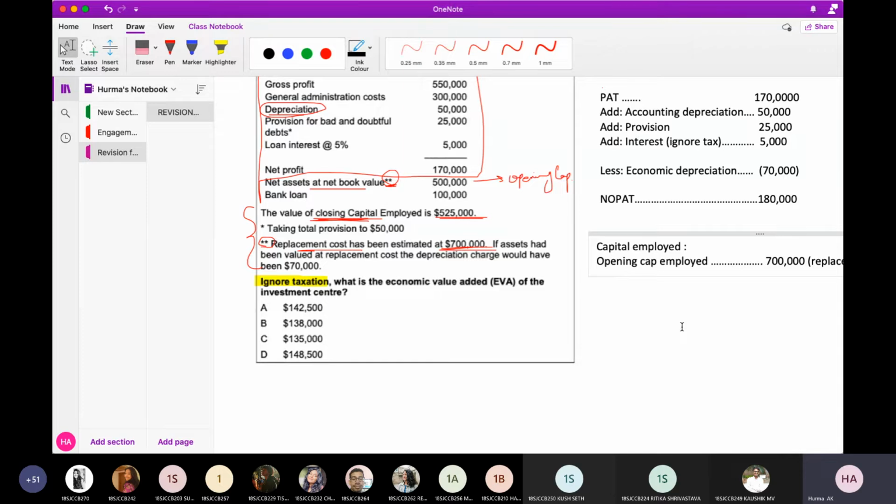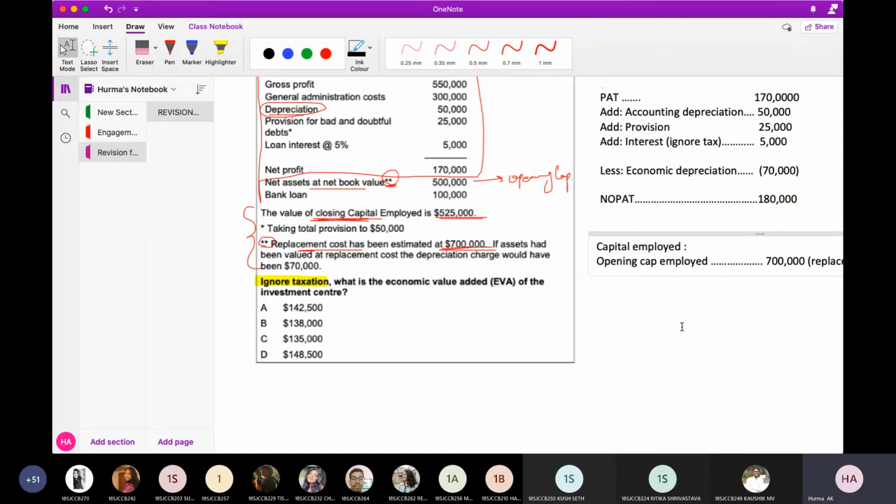In your accounting records, 500,000 is the opening value of that asset. But as per market, the value of that asset is 700,000. And we know that economic value added only considers real cash outflow or inflow. So if you were to sell that asset, you would not receive 500,000, you would receive 700,000. That's why you take 700,000.